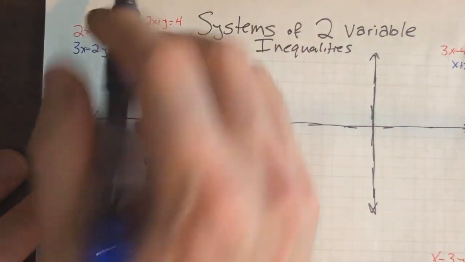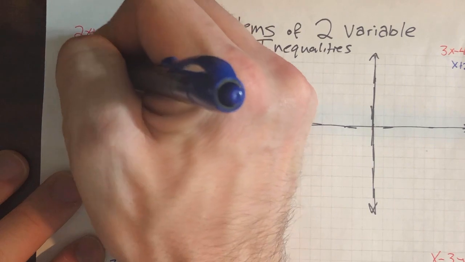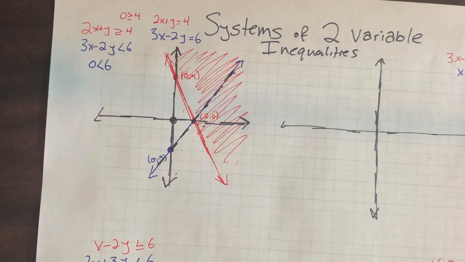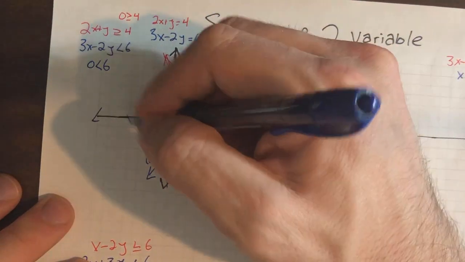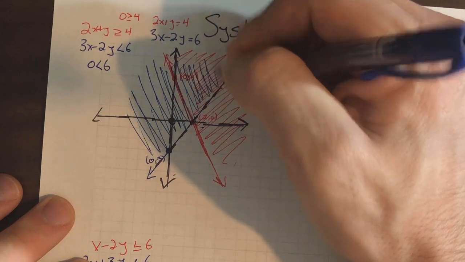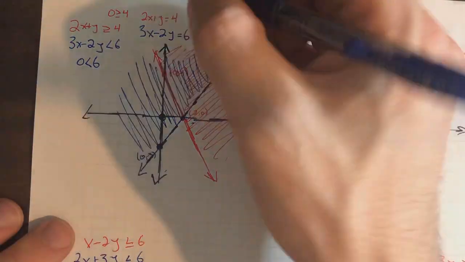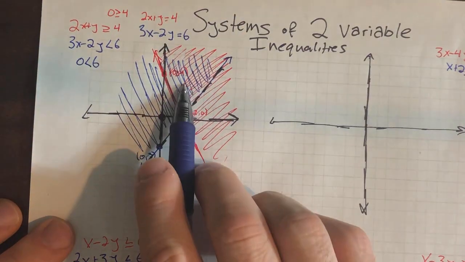And I'm going to ask myself, is 0 less than 6? Yes, it is. So what that means is I'm going to shade on the same side of the line as (0, 0).